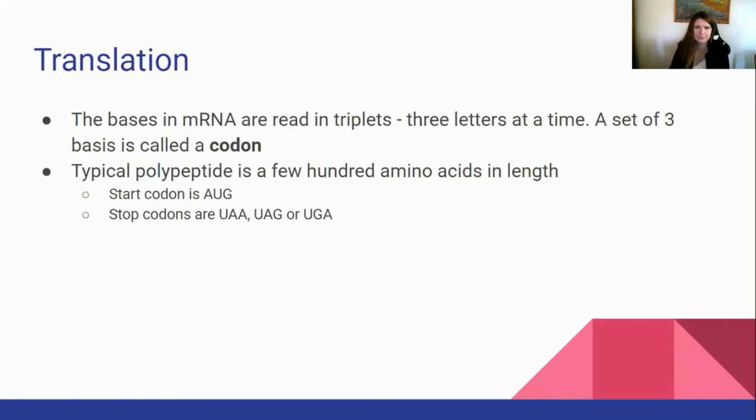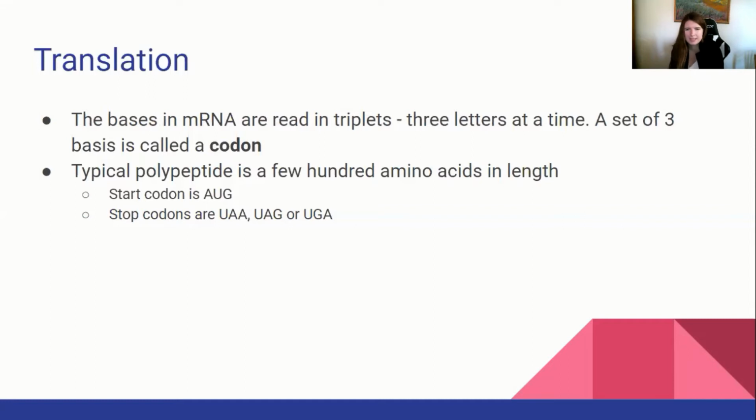Okay, as we actually do translation, we start with our mRNA transcript. So that's the recorded part of our gene. We've cut out all the parts that we don't need during our processing. So we have now just our long string of letters. This is going to code for our amino acids in our polypeptide.